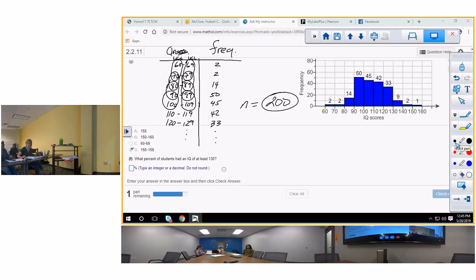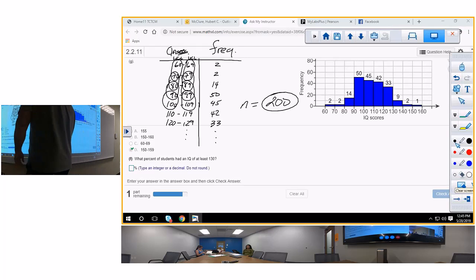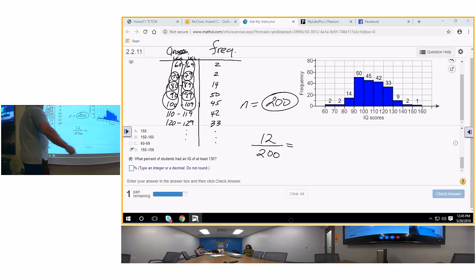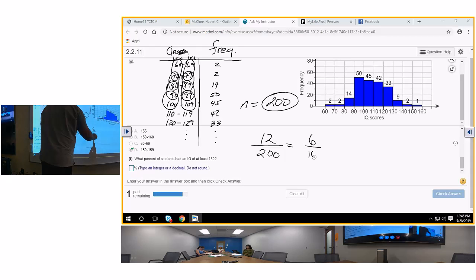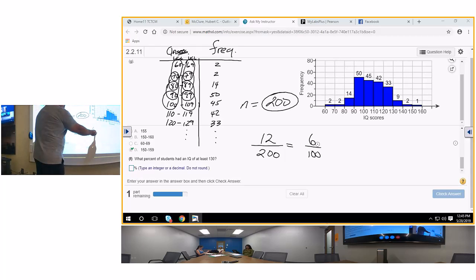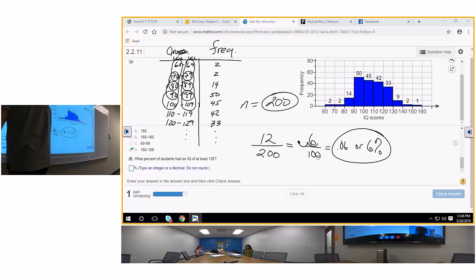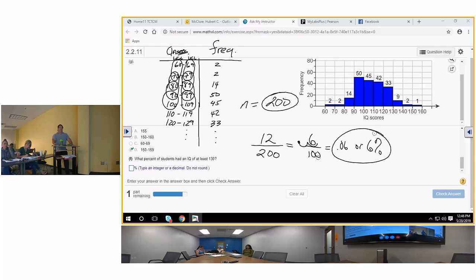Look, 12 over 200. Simplify. 6 over 100. And anything over 100, you move the decimal two places to the left, 0.06 or 6%. You do not need a calculator for that. So you should be okay with 6%.